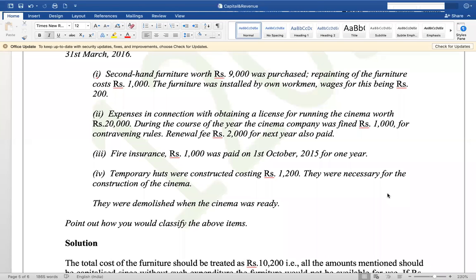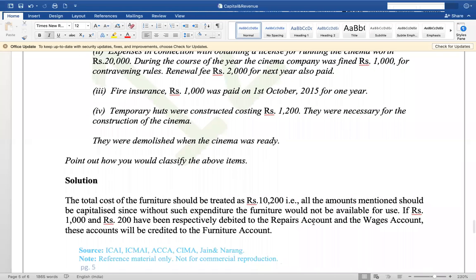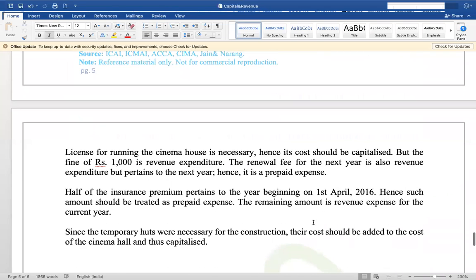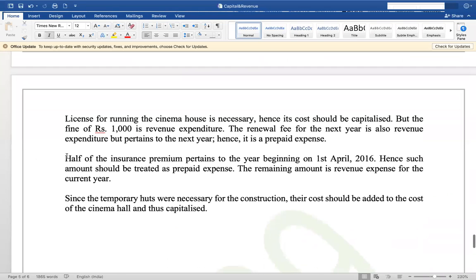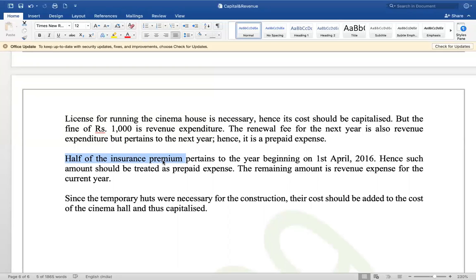But I think this will spread to the next year also. So what is spreading to the next year? Half of the insurance, yes, correct. Half of the insurance premium pertains to the year beginning on 1st April 2016. Hence, such amount should be treated as prepaid expenses. The remaining amount is revenue expense from the current year.